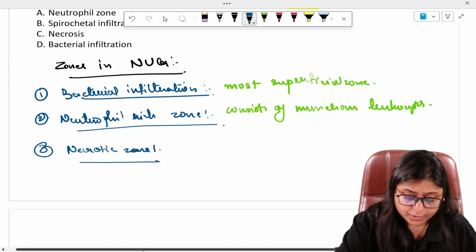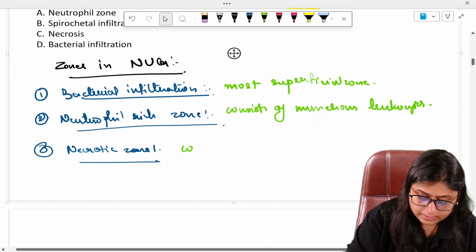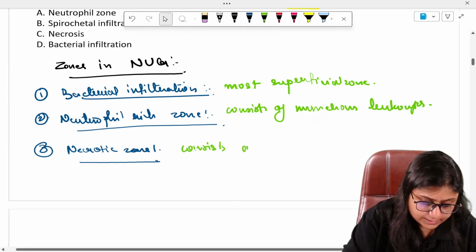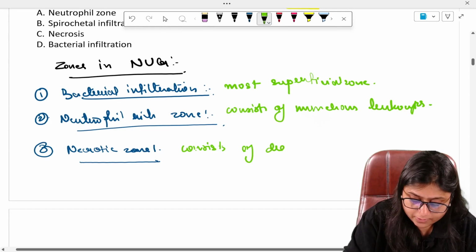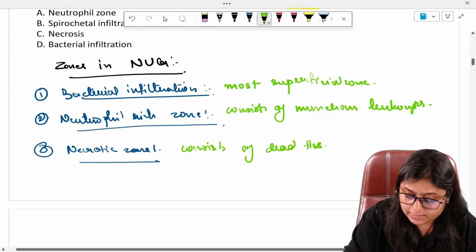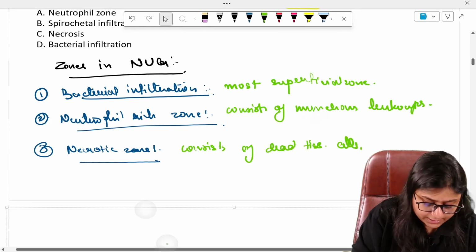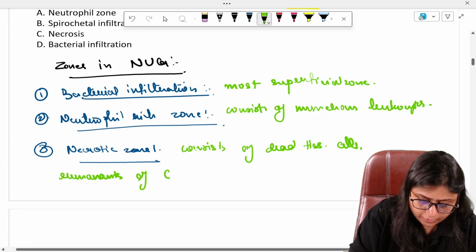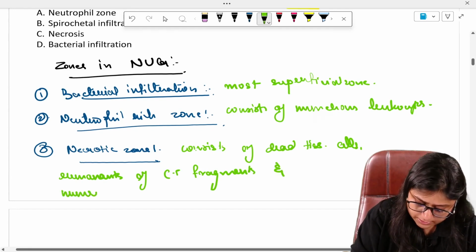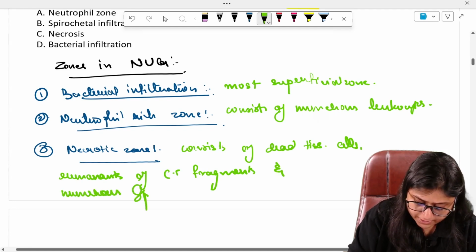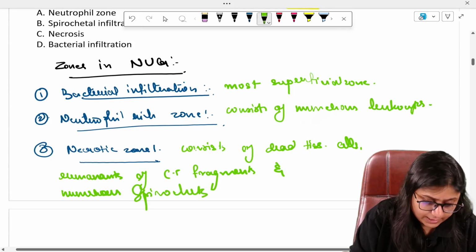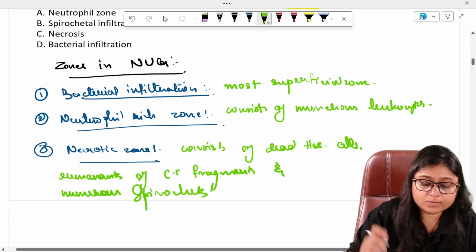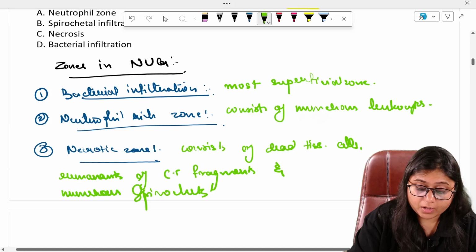It consists of dead tissue cells, remnants of connective tissue fragments, and numerous spirochetes. So this is the necrotic zone, which is the third zone of NUG, according to List-Garten.